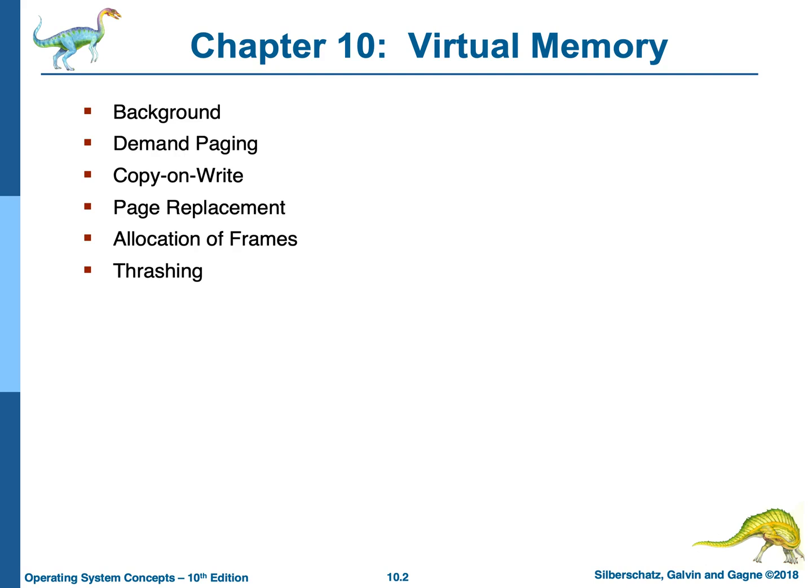We know that transfer between secondary memory and main memory is achieved by swapping, so we will see how swapping works in page replacement.